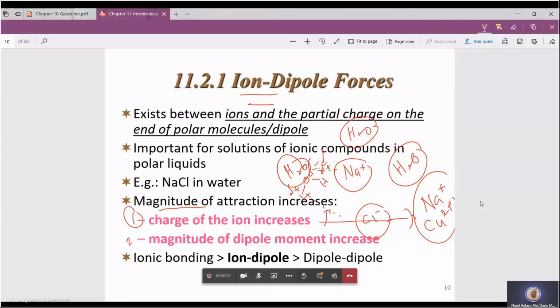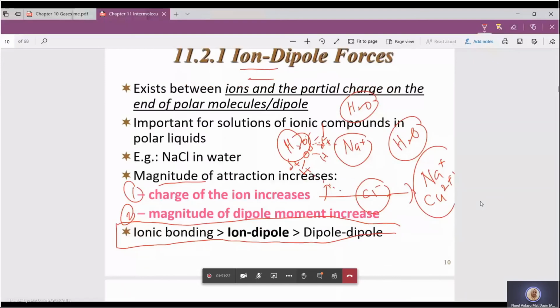If we have higher dipole moment, higher delta positive and delta negative, it means stronger attractions. From here is the comparison. Ionic bond is stronger compared to ion dipole, and ion dipole is stronger compared to dipole. Okay, this is the ion dipole.